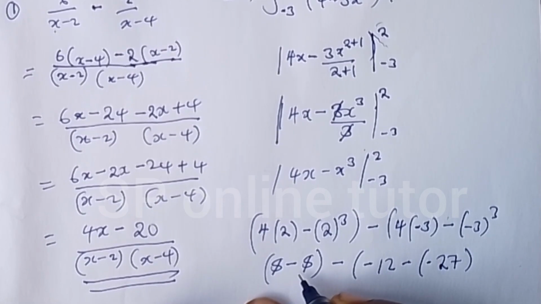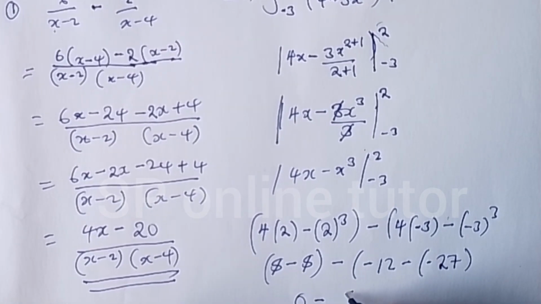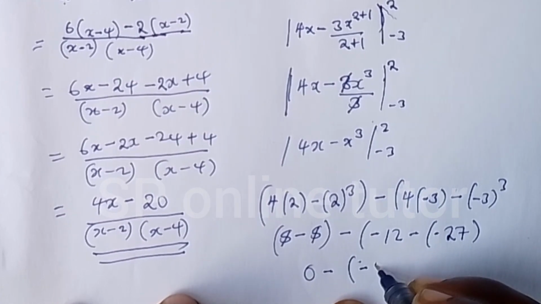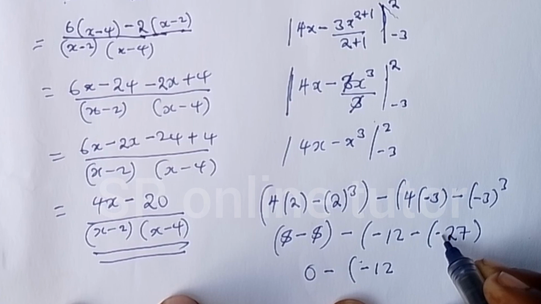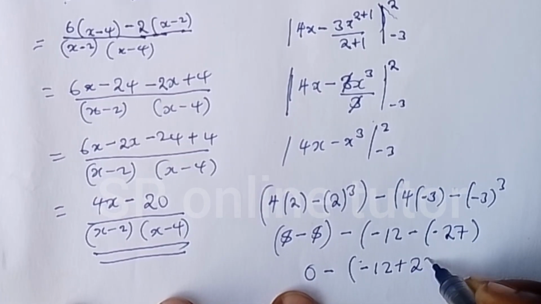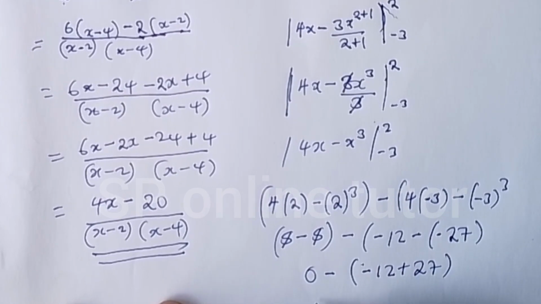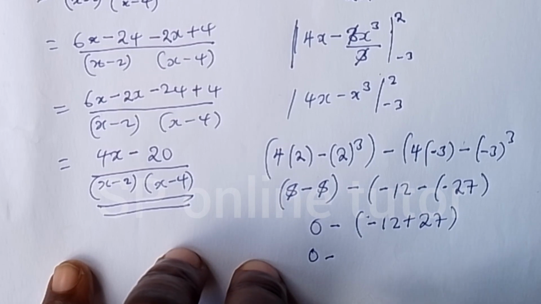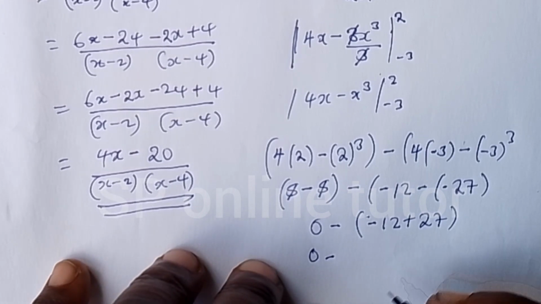Then 4 times 2, which is 8, then minus 2 cubed, it is 8, so that means here we have 0. Then minus open bracket, 4 times negative 3, we are going to have minus 12, then minus open bracket, negative 3 cubed, we are going to have minus 27, okay? In which 8 minus 8 it is 0, then minus open bracket, minus 12, negative times negative is positive, it will be positive 27, okay? In which 0 minus negative 12 plus 27, the answer you get is 15.